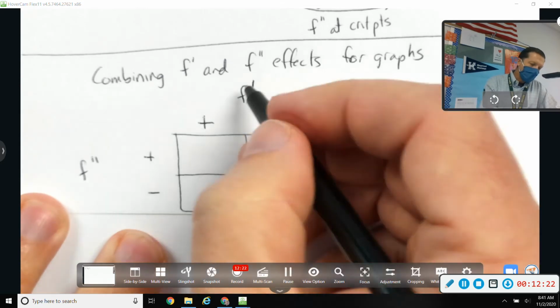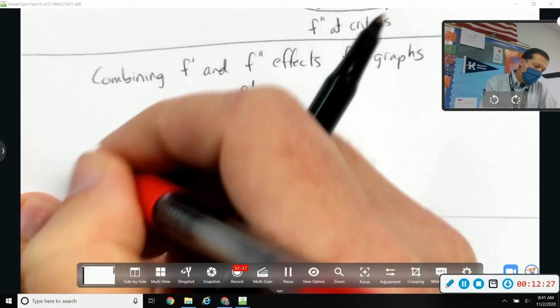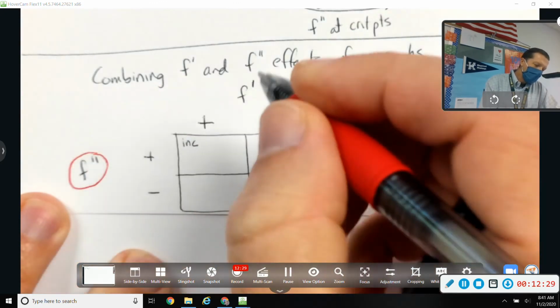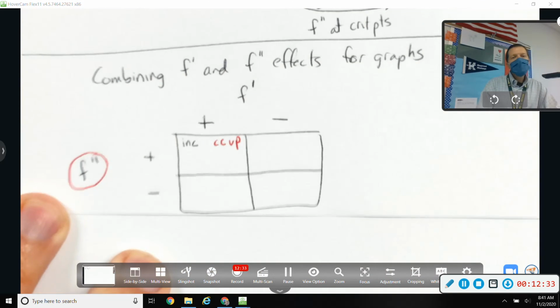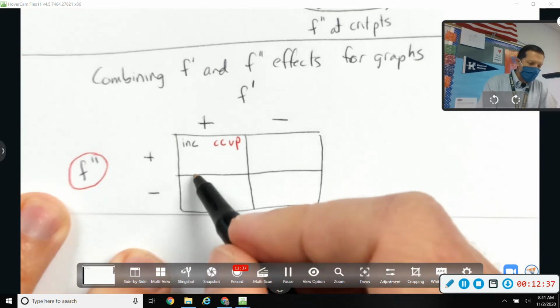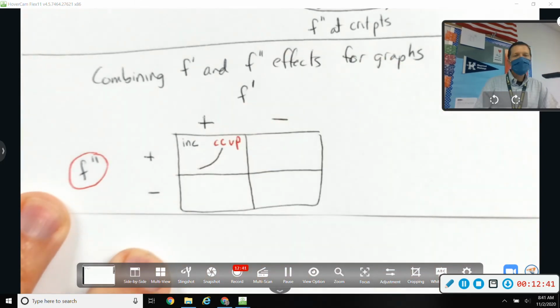So if f prime is positive, that means we're increasing. If f double prime is positive, that means we're concave up. So a little piece of a graph that's increasing but bold up looks something like that. We did a couple of these on a worksheet, sketching in pieces.